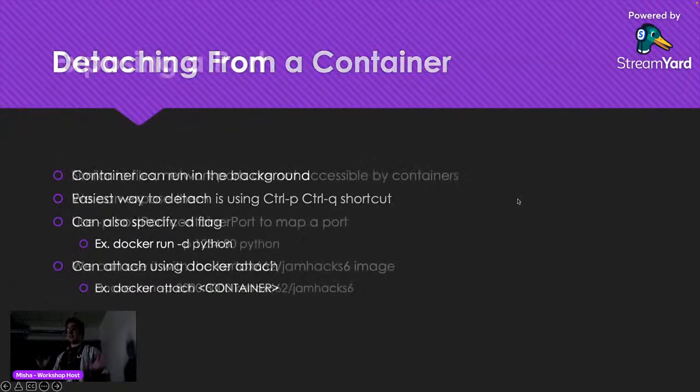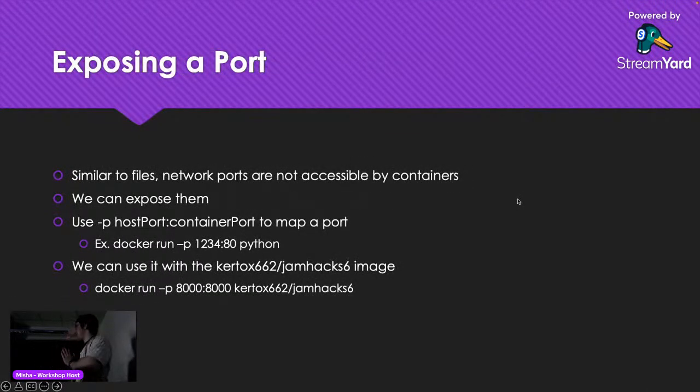And the fun part, this is what I find very useful, is exposing a port. What this means is that you can expose a network port for Docker to use. So similar to files, Docker normally doesn't actually have access to the network ports on your computer.